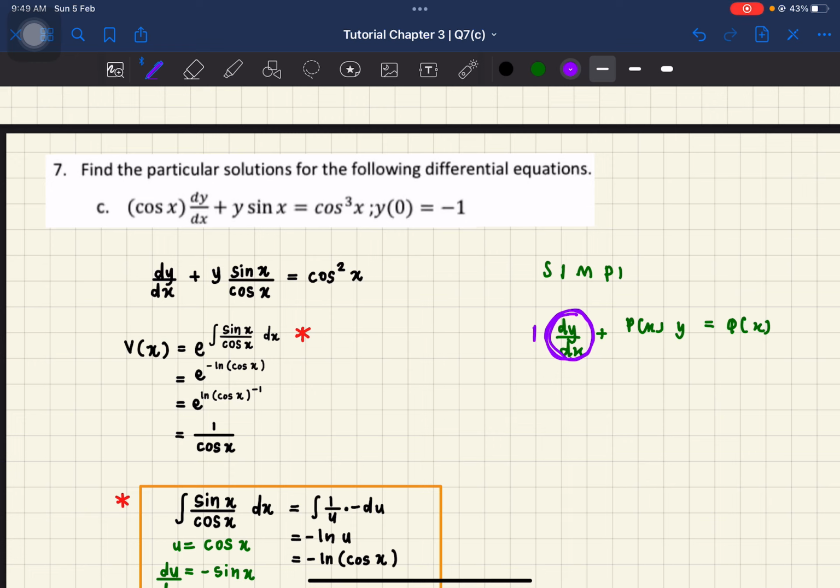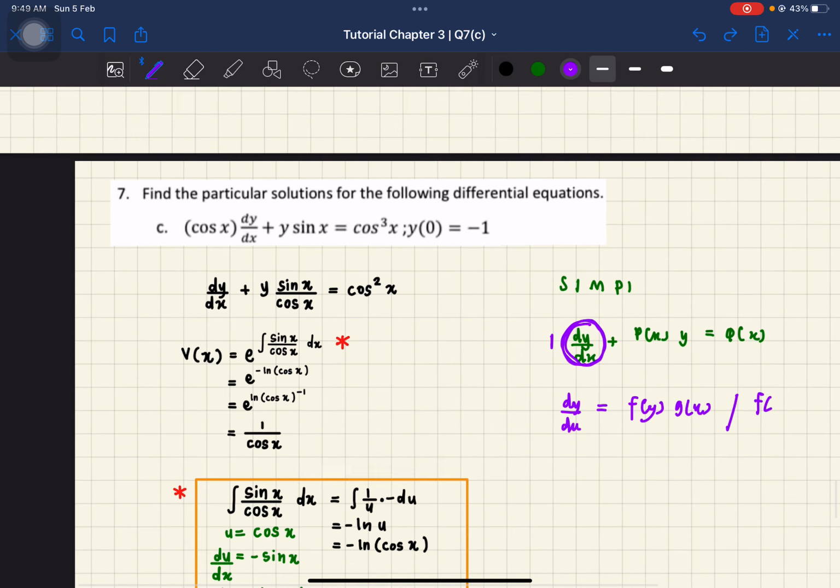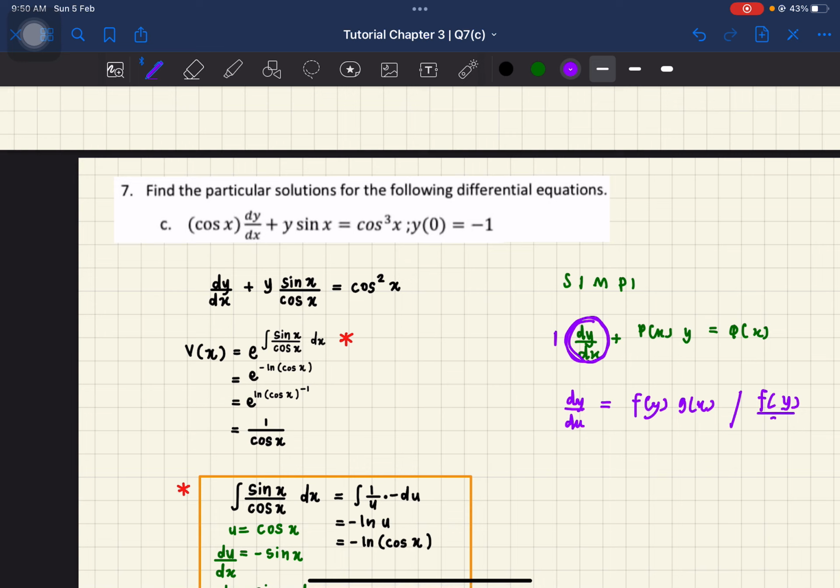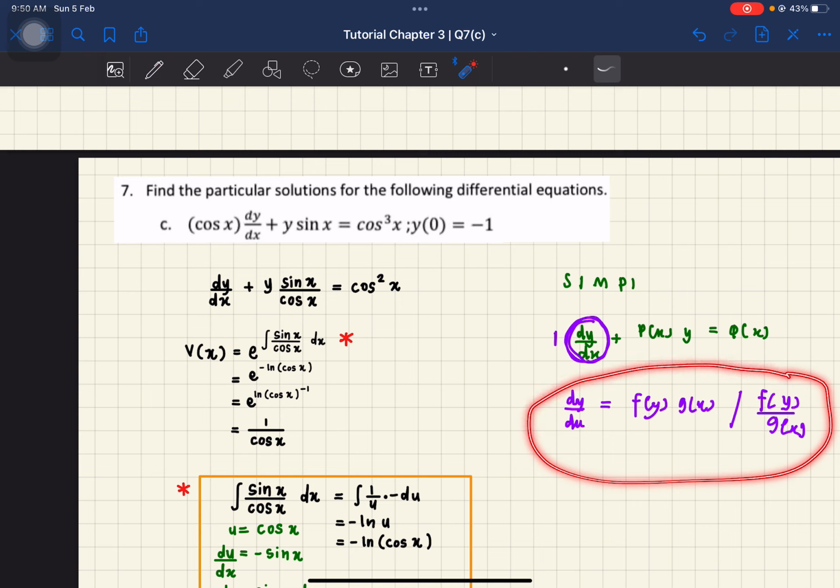Kalau ikutkan separable variables, bentuk dia adalah, kita nak cuba capai dy dx equals to f(y)g(x), or it can also be f(y) g(y) over g(x).